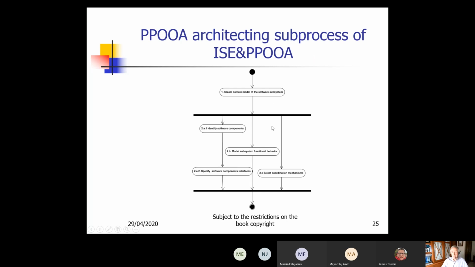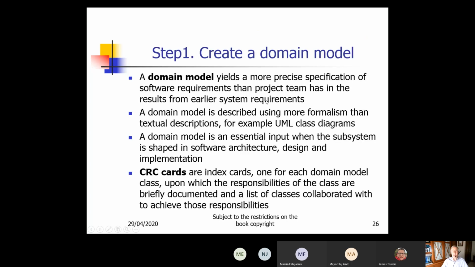Here is the process to obtain the software architecture. In this process, it's very important to create the domain model. The domain model is a class representation of the objects that implement functionalities that are to be implemented by the software.